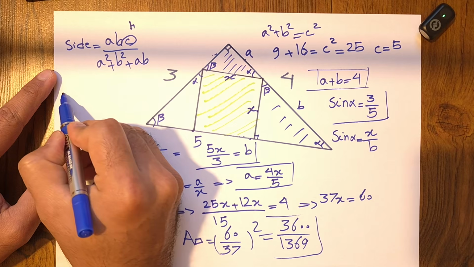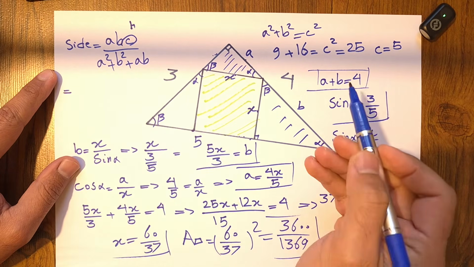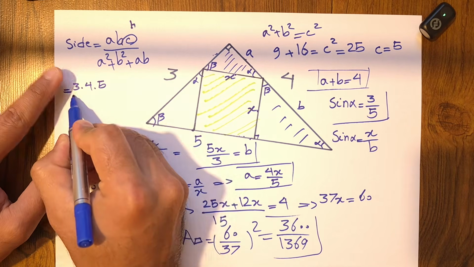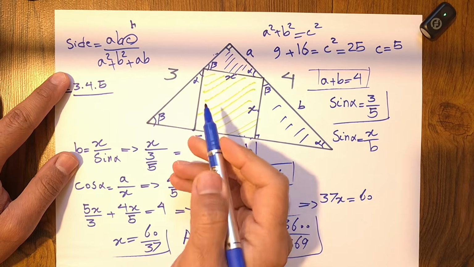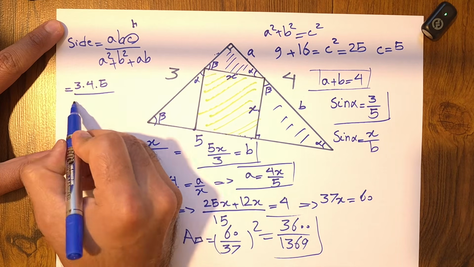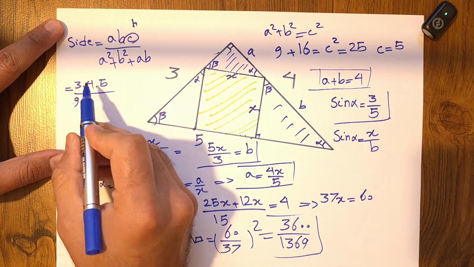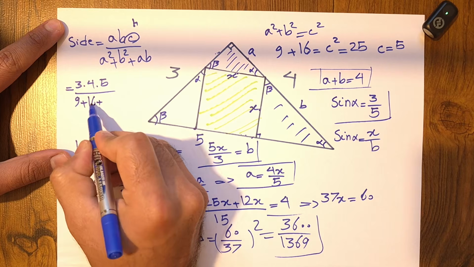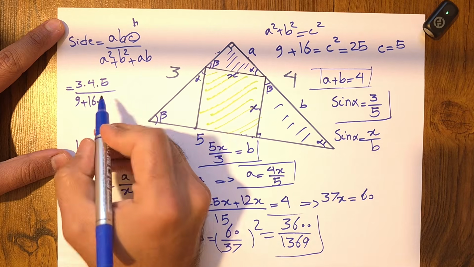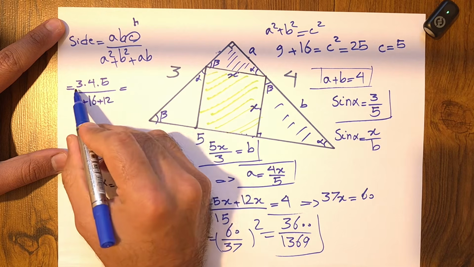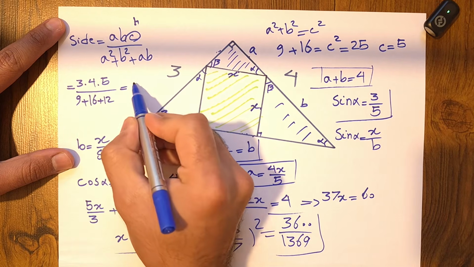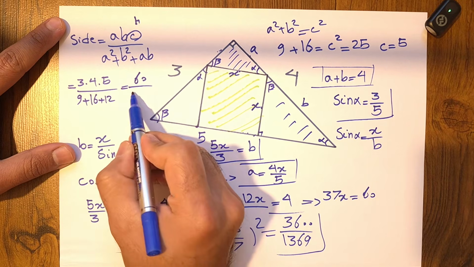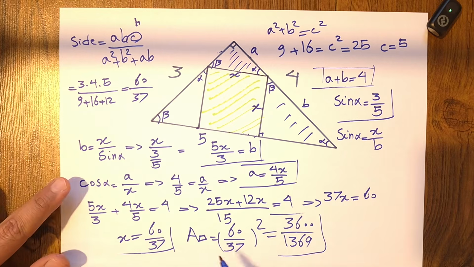So the side of this square equals A times B times C. So 3 times 4 times 5 over A squared, which is 3 squared, 9, plus B squared, another side, which is 4 squared, 16, plus A times B. So 3 times 4 is 12, times 5, 60. And then we have 9 plus 16, 25, plus 12, 37, right? So that's the exact same thing that we found here.